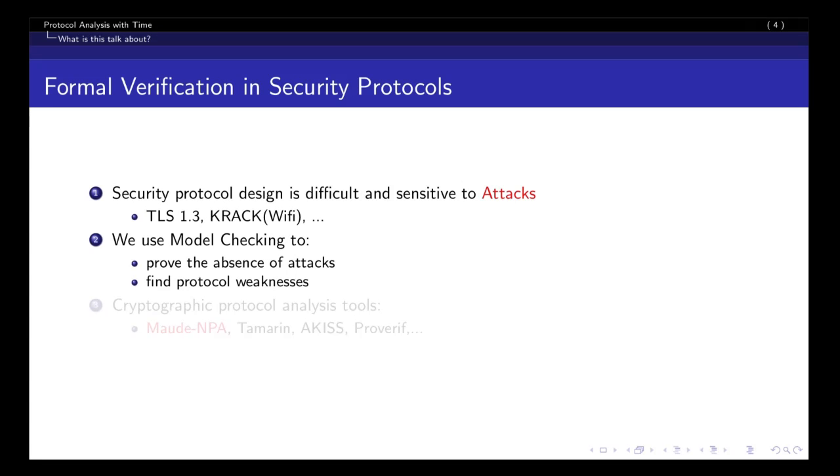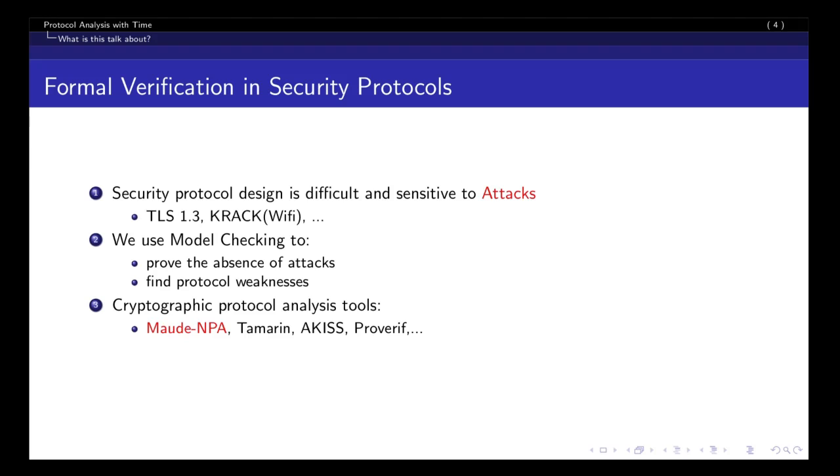One of the approaches we could use to improve the design of security protocols is model checking. With model checking, we can prove the absence of attacks. Also, we can find protocol weaknesses to correct the protocol.